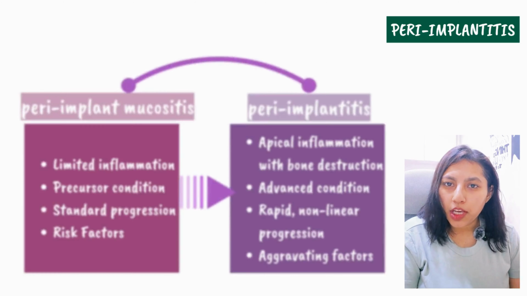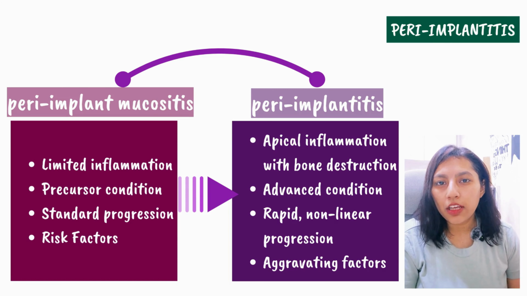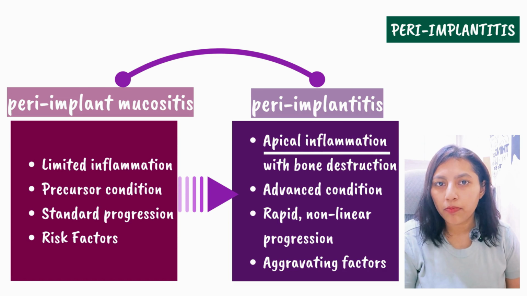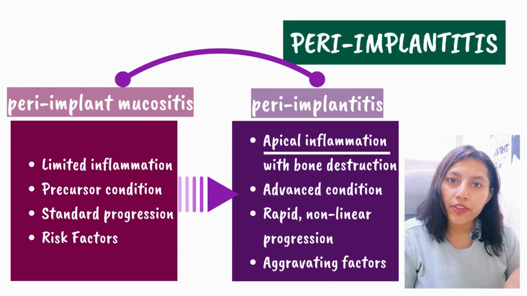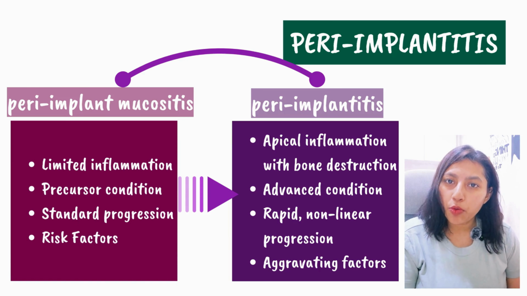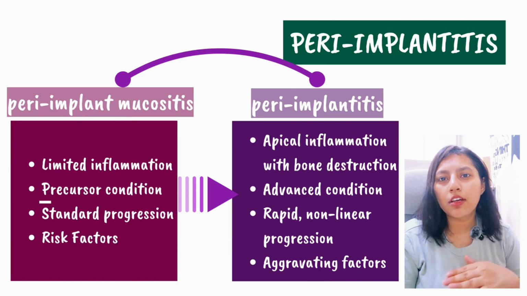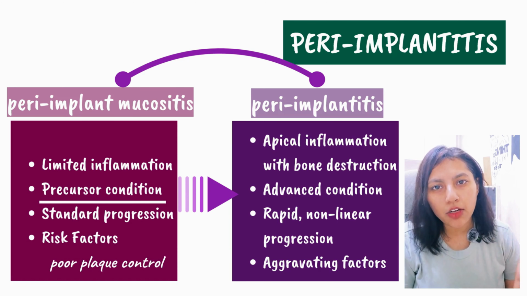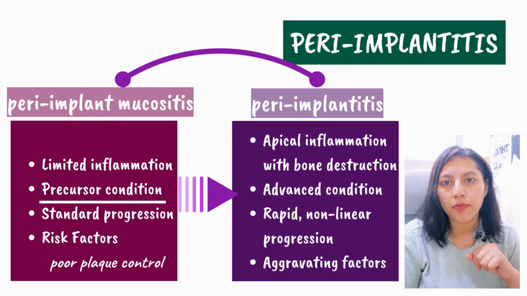Unlike peri-implant mucositis, the inflammatory lesion here extends apically with actual destruction of supporting bone. The workshop also emphasized that peri-implant mucositis is considered the precursor of peri-implantitis, especially in patients with poor plaque control and irregular maintenance.